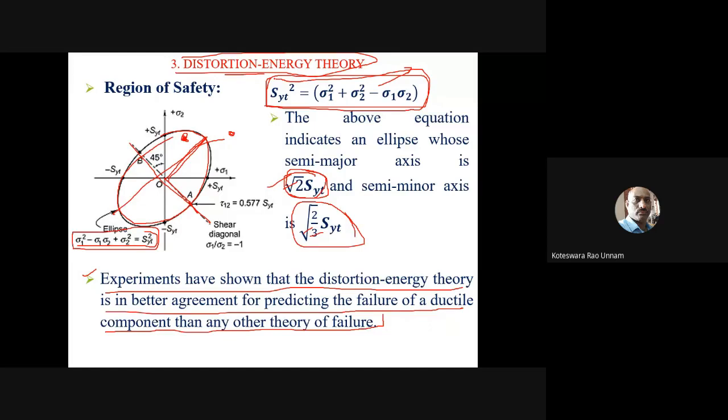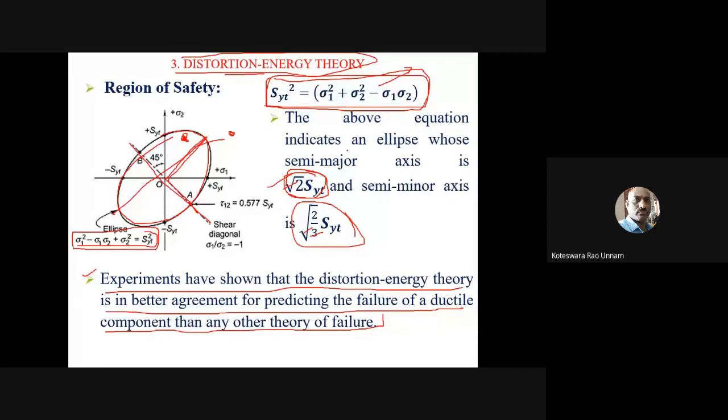On the other side, if I want an accurate solution and don't bother about the complexity of the equations, I will go for the distortion energy theory. Both are applicable for ductile materials, whereas the first theory we discussed, the Rankine theory, is applicable for brittle materials.